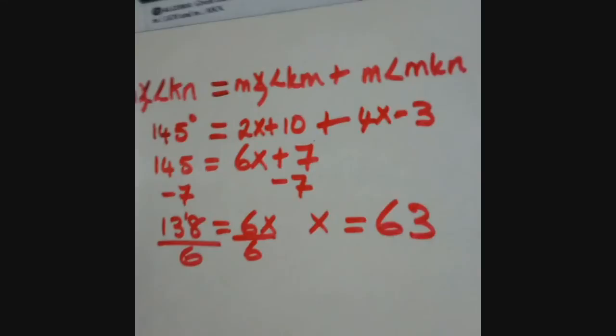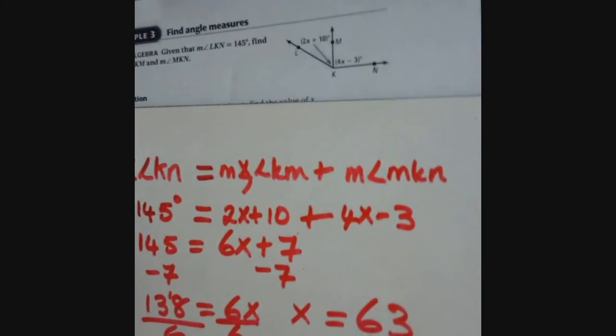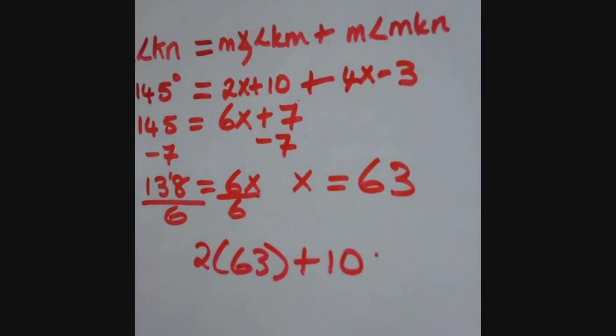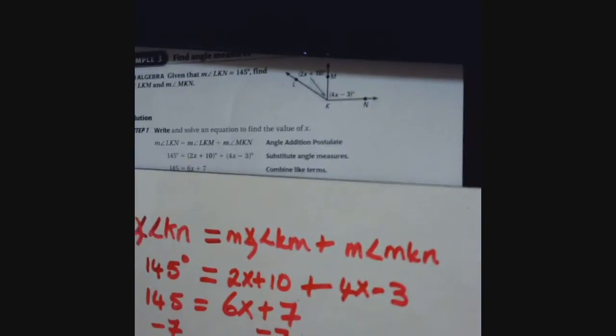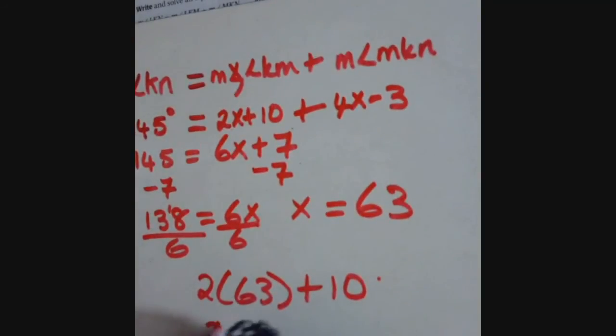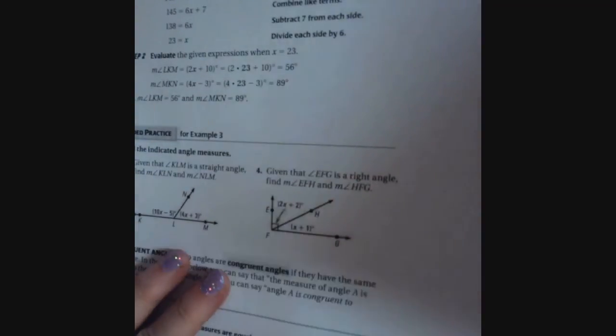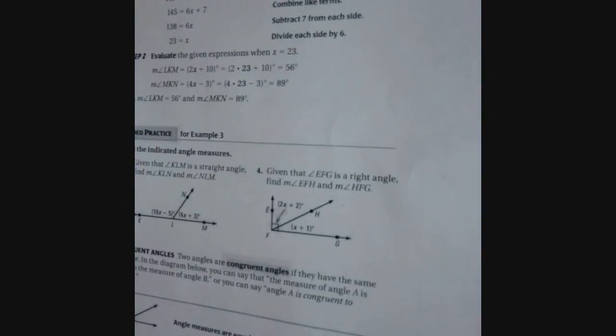Okay, so we found that x is 63. So now I have to go back and find the two angles. 2 times 63 plus 10. Okay, and the other one is going to be 4 times 63 minus 3.